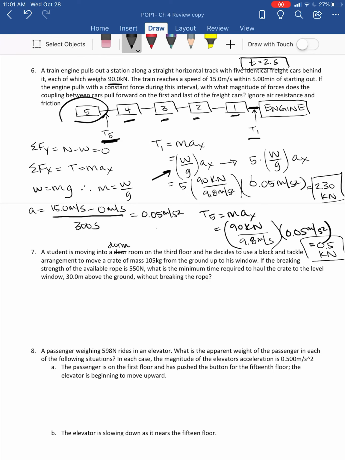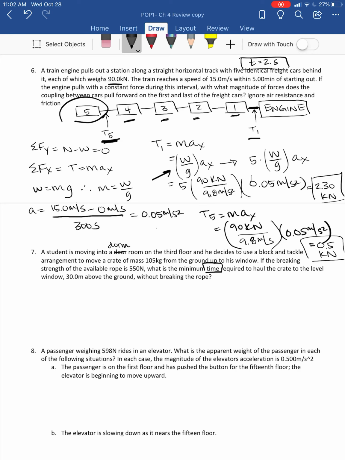And it says that the breaking strength of the rope is 550 newtons. And it wants to know the minimum time required to haul the crate to the level window, which is 30 meters above the ground. So it's wanting us to find time.